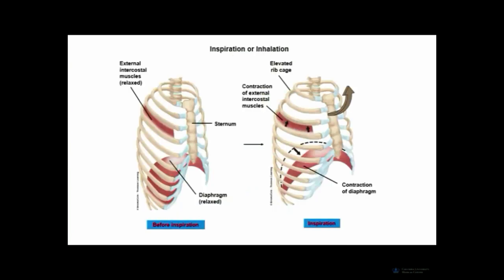Okay. So what happens with this in-breath, like I said, the external intercostal muscles contract and the rib cage gets lifted. The diaphragm contracts and it flattens out slightly. And both of those things increase the volume of the thoracic cavity.